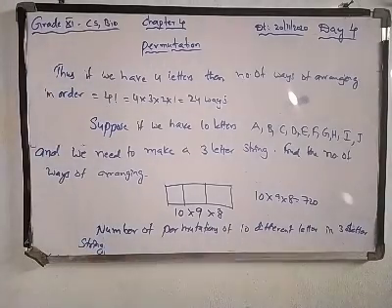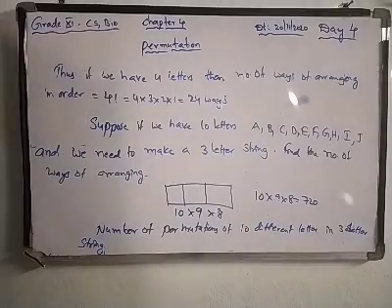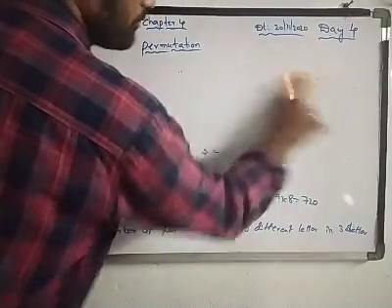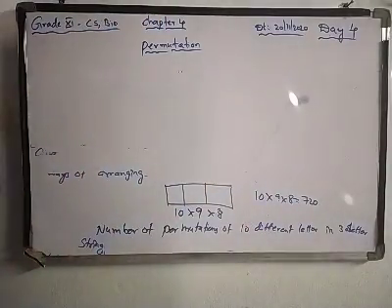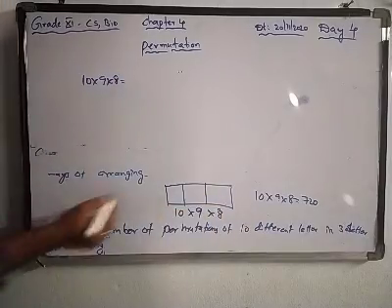We are going to arrange 10 different letters in a 3-letter string. So it can be arranged as 10 into 9 into 8. So this is what we have done.